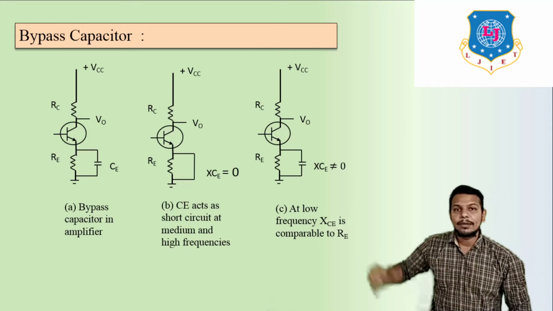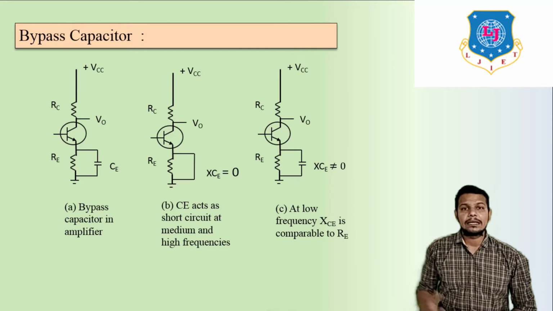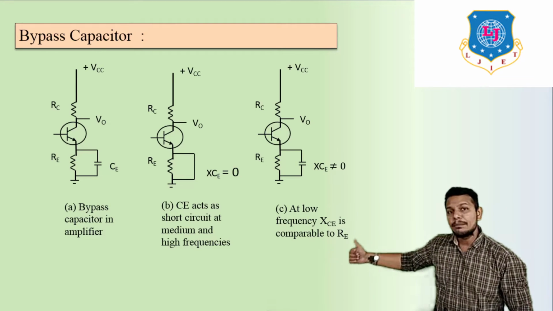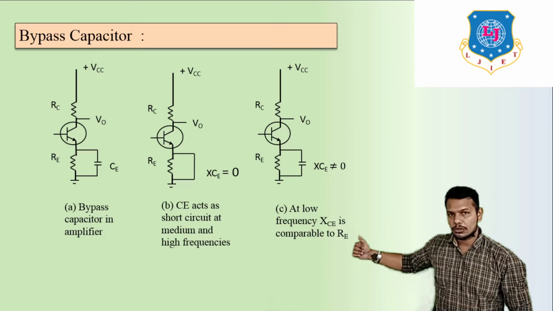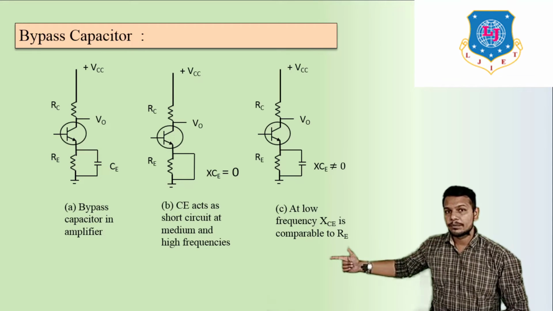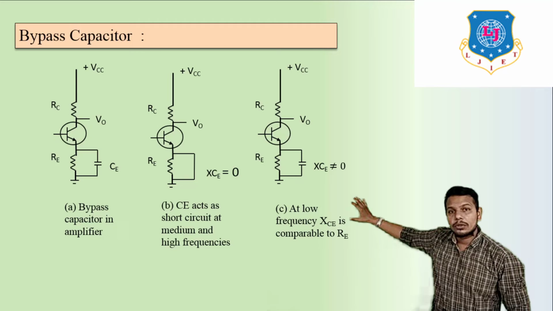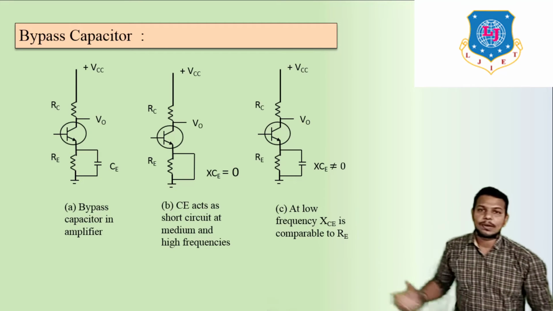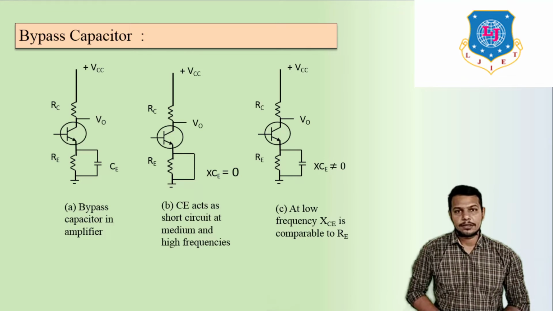So this is the fundamental of the bypass capacitor. Basically current flows through the capacitor at medium and high frequency, so the resistor is bypassed. That's why it is known as a bypass capacitor.